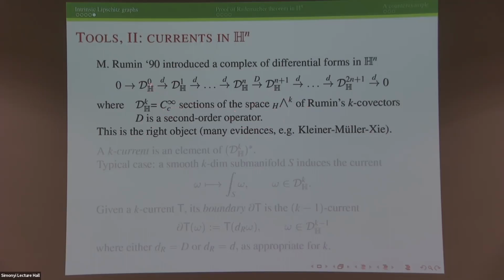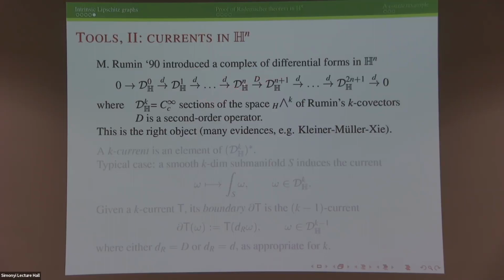And so Rumin finds these spaces D0h, D1h, which we'll call Heisenberg forms, up to D2n plus 1h, and the arrows in this complex are always the standard exterior differentiation d, except at the intermediate level.